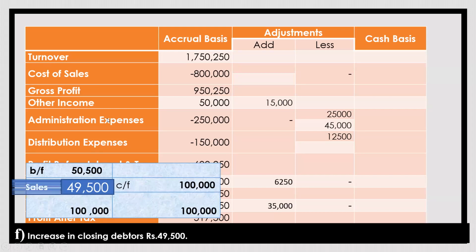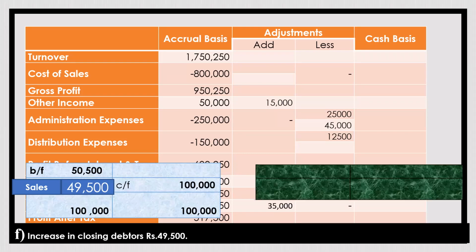This reflects the sales. So in the cash account, we are going to credit this value. Therefore, we are going to deduct this in the adjustment to arrive at the cash basis.